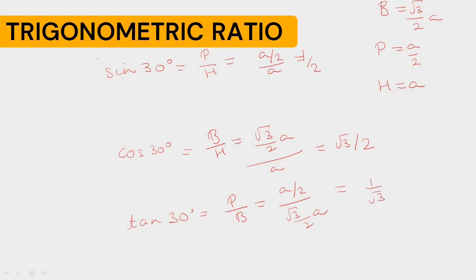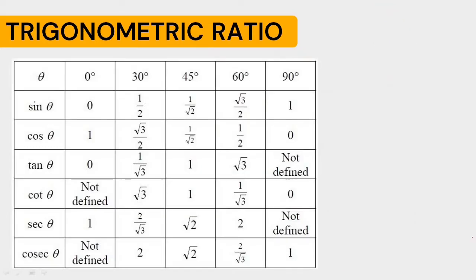So just inverting these, we can find the other values, like cosec 30, which will be 2. We can find sec 30 by inverting the value of cos 30, which will be 2 by root 3. And we can find cot 30 degrees, which will be root 3. So all the values of sin, cos are with us. Using these values, we can form a table, and that table is this.